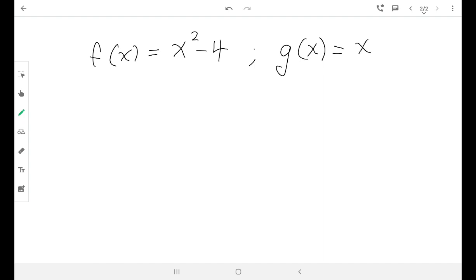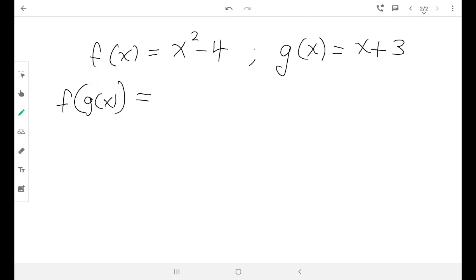When you want to compose two functions, you give yourself two functions, say an f of x. I'm just going to make up something here, x squared minus 4, and a g of x, let's say x plus 3. All right, and if I want to do f of g of x, here's what I do. Let me change colors here to make it real obvious.